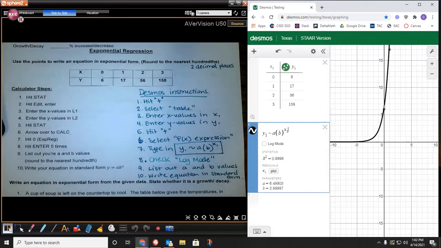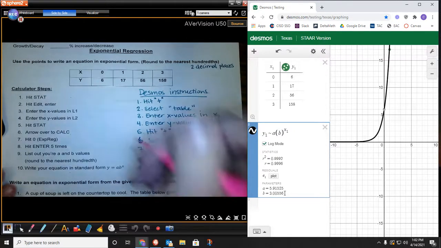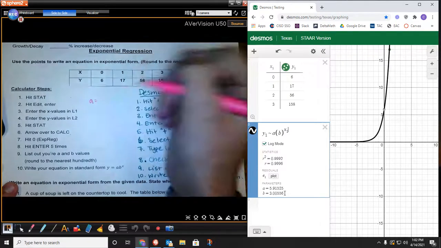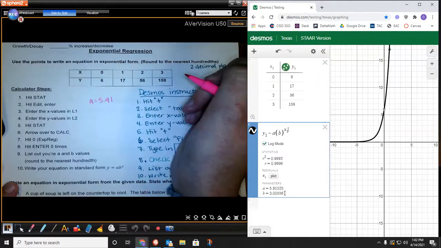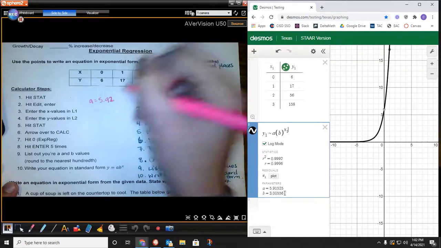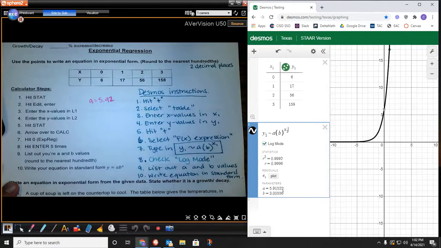Then we click this log mode, and when we do that, it gives us an a and a b. This a is our a value, and the b is our b value. So we look here and say, okay, we found our a value. My a would be 5.92, because that 5.915 will round up to 5.92.